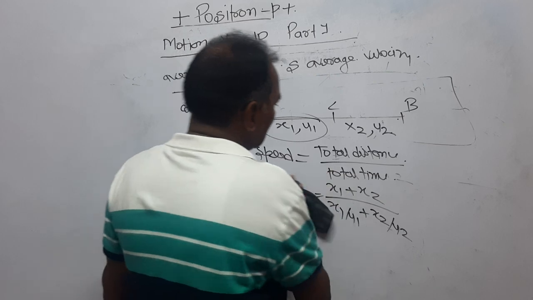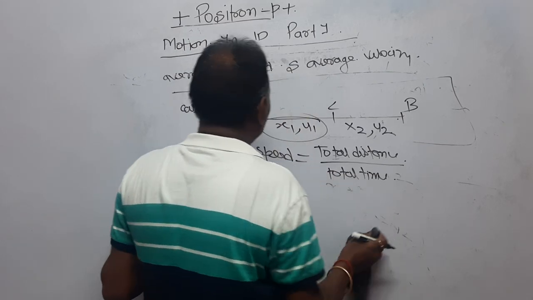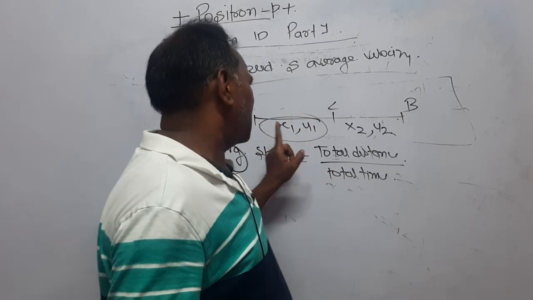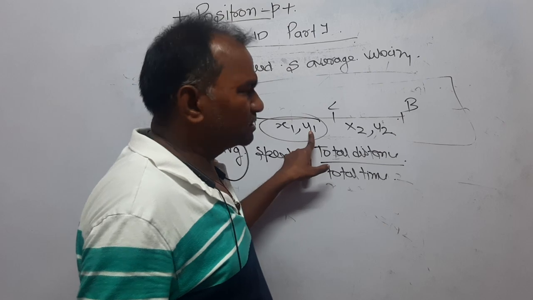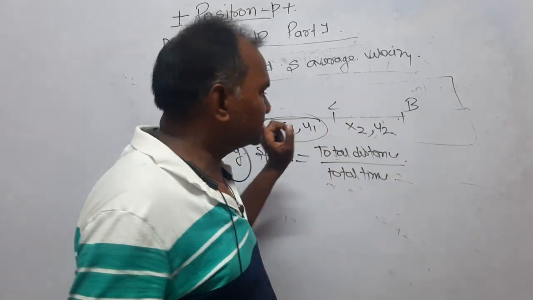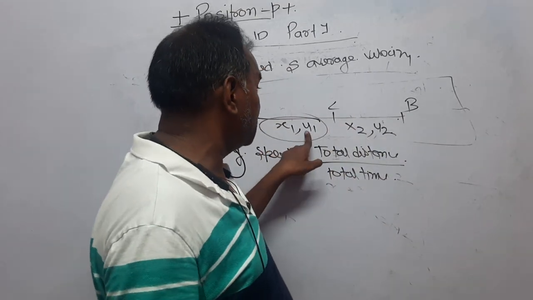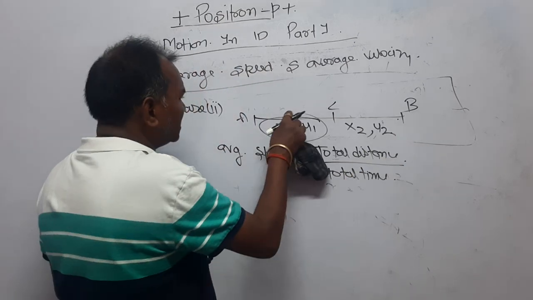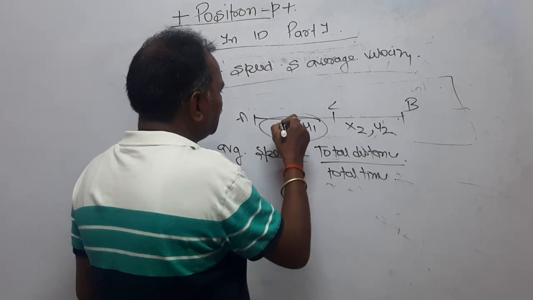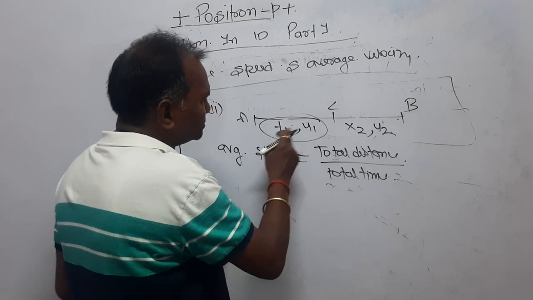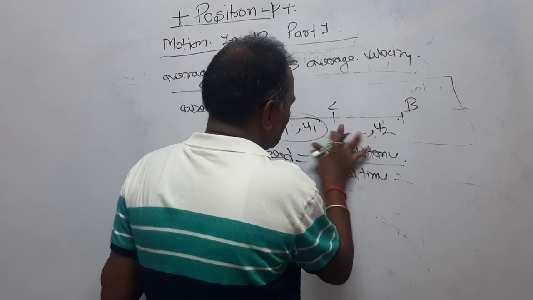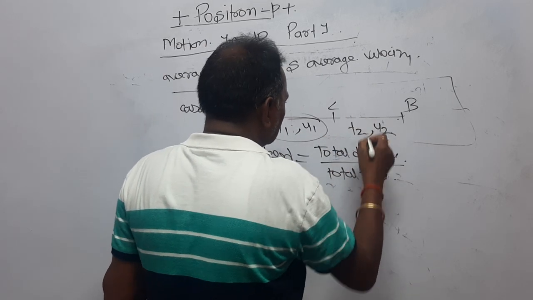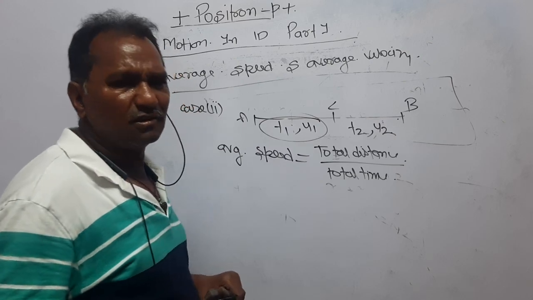Dear students, the third case. In the first case, I covered x1 distance with t1 time, x2 with t2 time. In the second case, x1 distance with u1 velocity, x2 distance with u2 velocity. In the third case, you can say first t1 seconds the body travels with u1 velocity, and last t2 seconds it travels with u2 velocity.